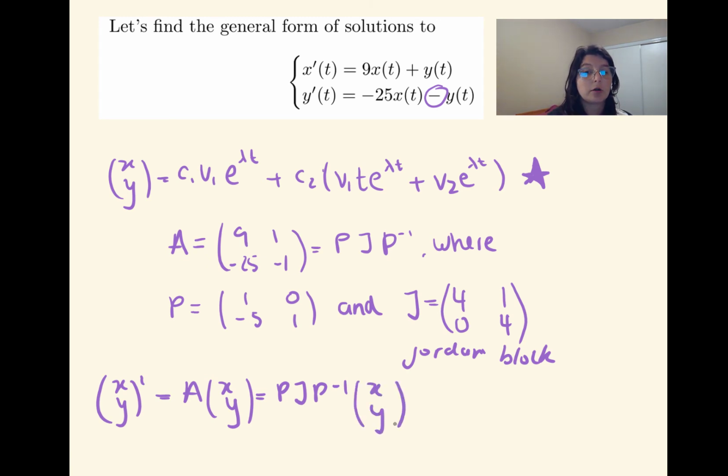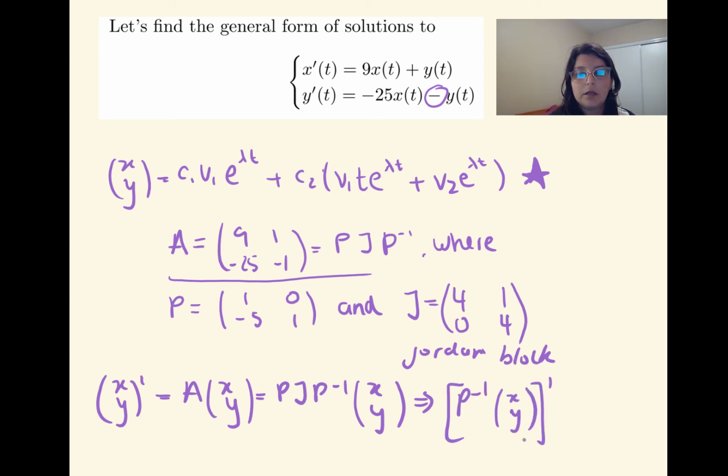So we found the Jordan form of A, and we have this relationship between A and J. Then what happens is that the system we're given is equivalent to P inverse times (x, y), all that prime, equals J times P inverse times (x, y).